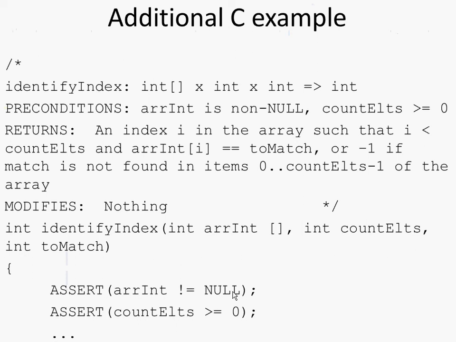So when I run this code, what is this assert going to do? Yeah. It's going to check it, and if it fails, it's going to throw an error message which says, you know, at this point in the code, this file, this line number, and in many assertion systems, this particular check failed. Go fix it.